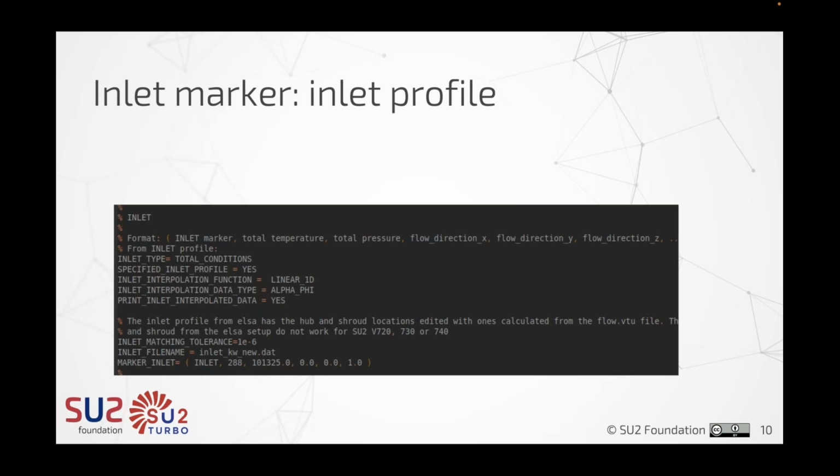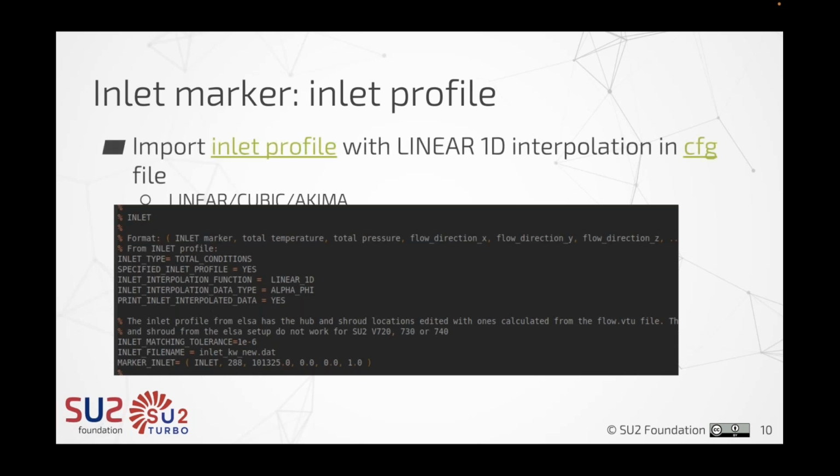You can do linear, cubic, or a schema, but normally we stick with linear. And then the second part is the alpha phi, your incidence angles. And then it'll ask you if you want to print the inlet interpolated data. And normally you can say yes, but you do have to do some work plotting the data, because sometimes the rows and columns get kind of mishmashed.